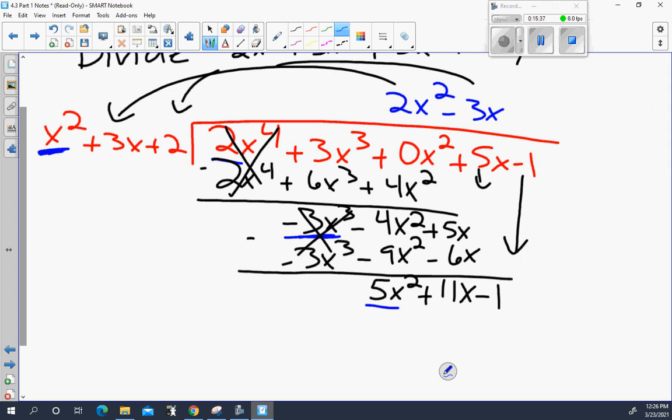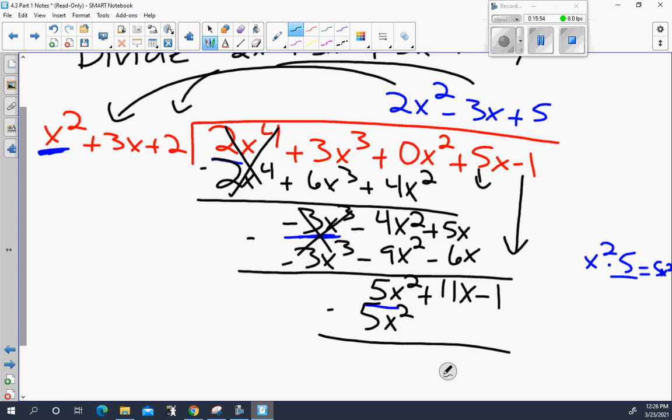All I care about is that x squared and 5x squared. How do I get from x squared to 5x squared? All I got to do is multiply by 5. So I'm going to write plus 5 up here. That'll get me 5x squared. Again, we have to multiply. 5 times 3x is 15x.